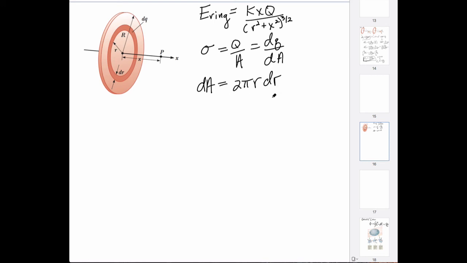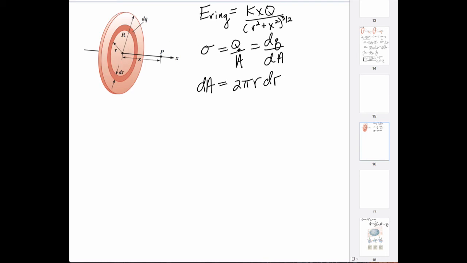So exactly the kind of thing you would expect, and that's actually where this particular trick came from. The area inside that brown ring is the circumference of the inner ring times the dr.